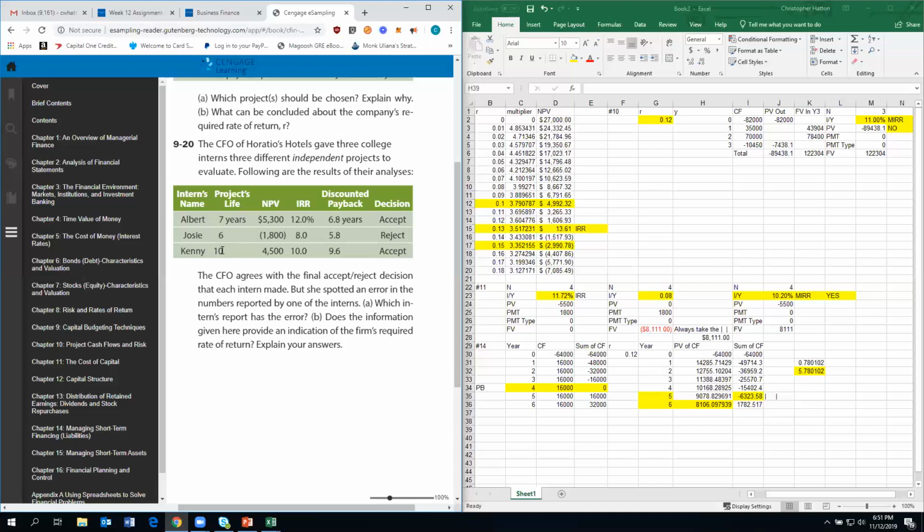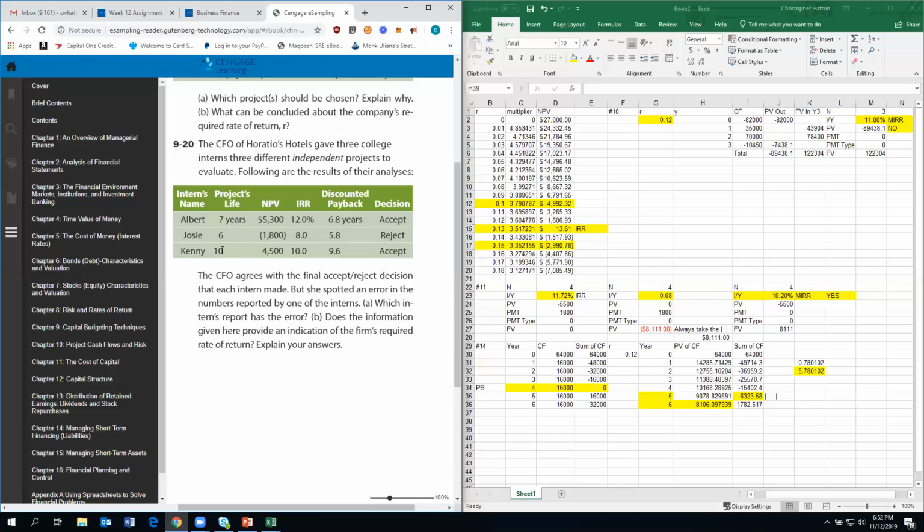So here's the rule of thumb that you want to keep in mind. If a project is not acceptable, the net present value is less than 0 and the discounted payback period is greater than the project's life. For Josie's project, she reported a net present value less than 0, which is correct.